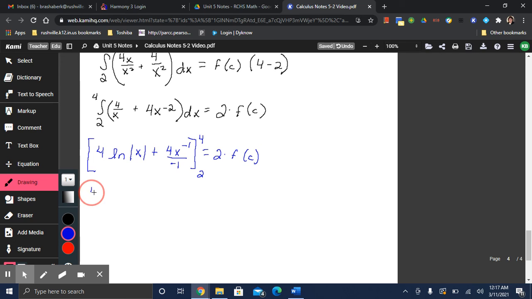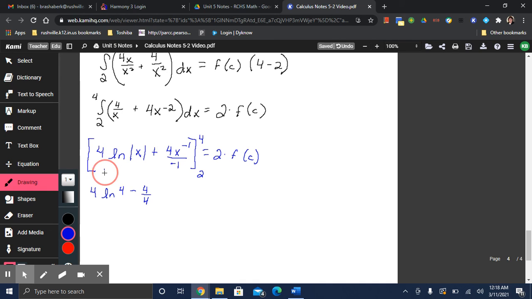So now I can plug in the 4. So we'll do 4 times the natural log of, now I don't need to put absolute value around 4 because it's already positive. So 4 times the natural log of 4. I can simplify this a little bit and make this minus, and then this will be 4 over x. So that would end up being minus 4 over 4 if I plug in. So you may actually want to take a line and rewrite that.